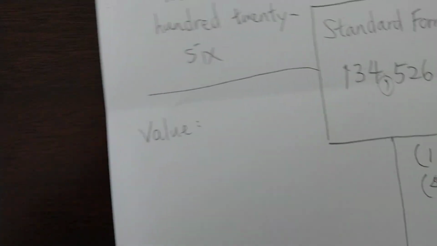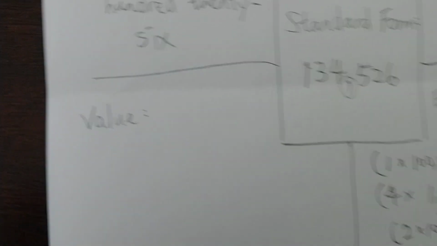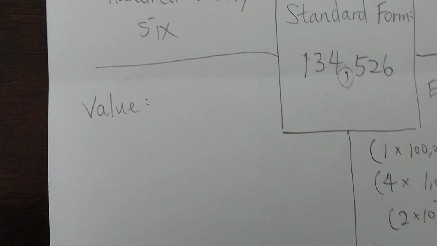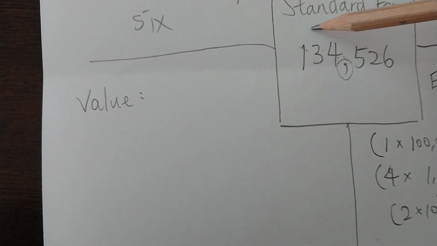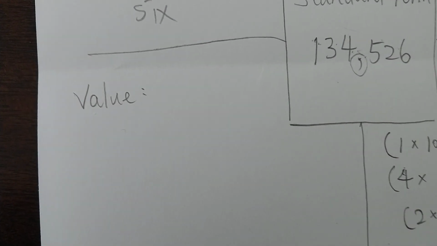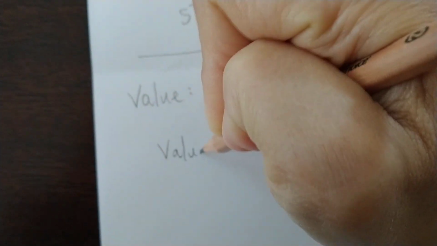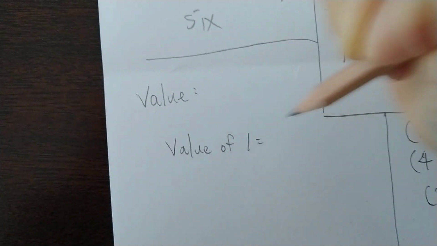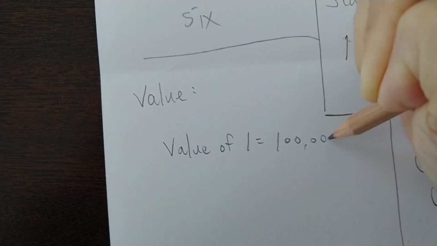Okay. Value. When we ask about what is the value of a certain number, we are asking the specific one. For example, in this number, 134,526, the value of the 1 would be 100,000.